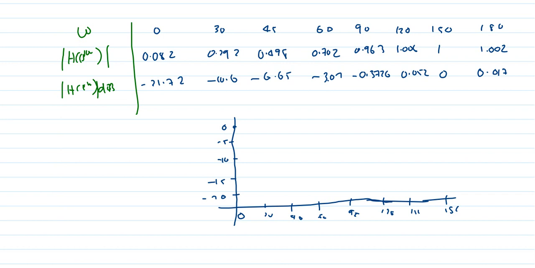So your curve will look something like this. Upon 150 it will become 0. This is how my high pass filter magnitude response will look. So these are all the different parts of the question.